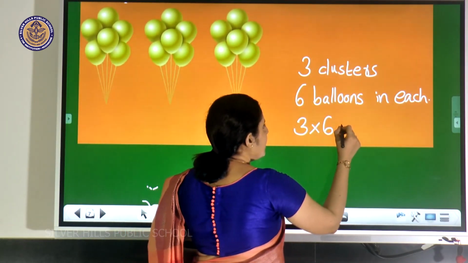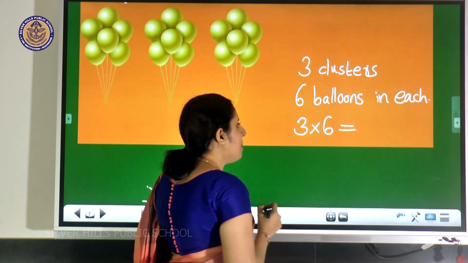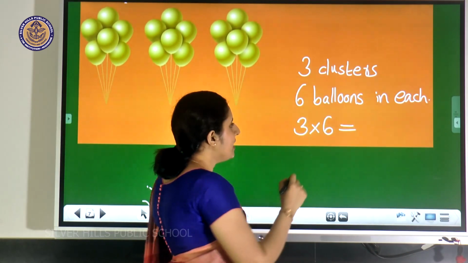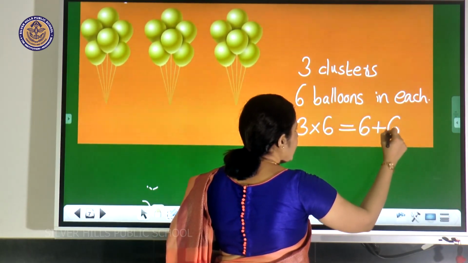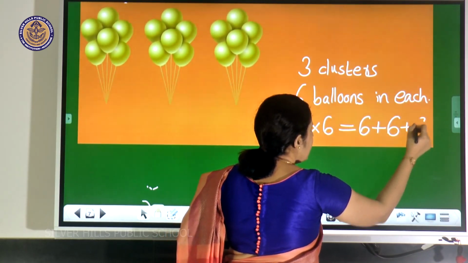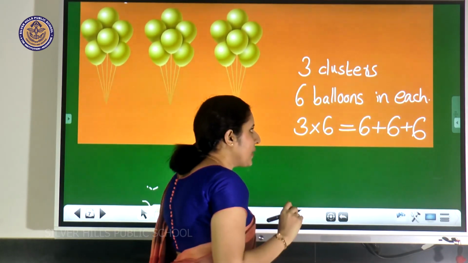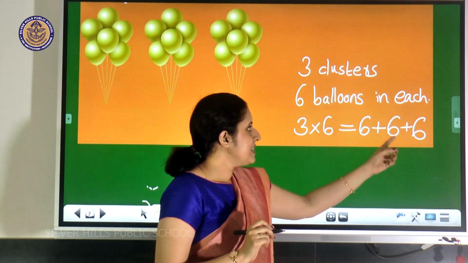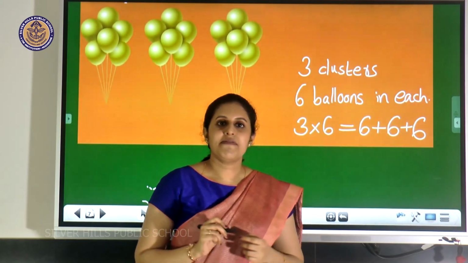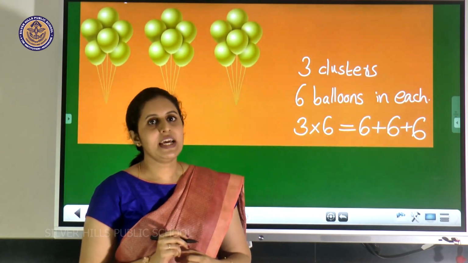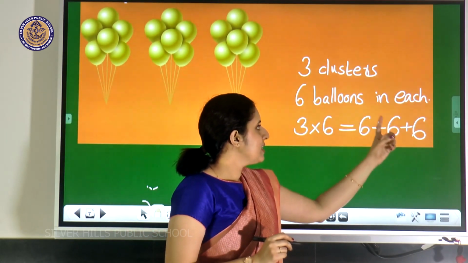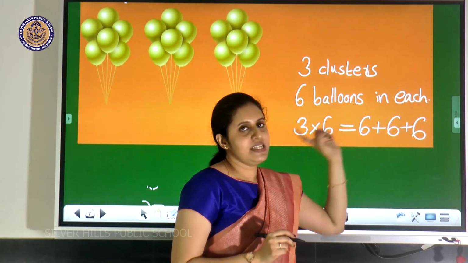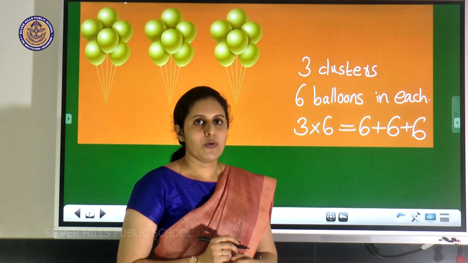How do you write 3 times 6 in repeated addition form? 6 one time plus 6 a second time plus 6 a third time. Now, 6 plus 6 plus 6. You can find the answer either by skip counting or by adding them together. 6, 12, 18. That is how you skip count.